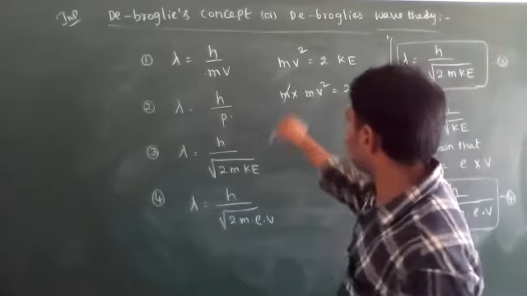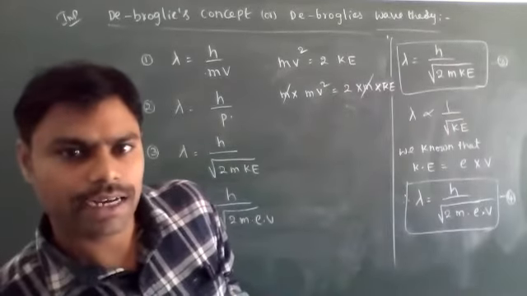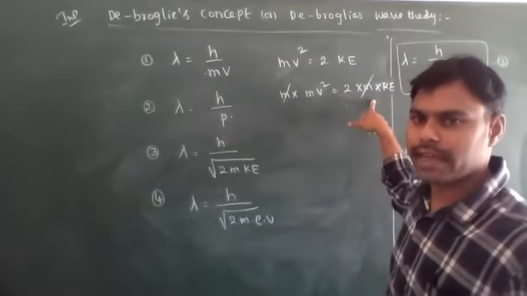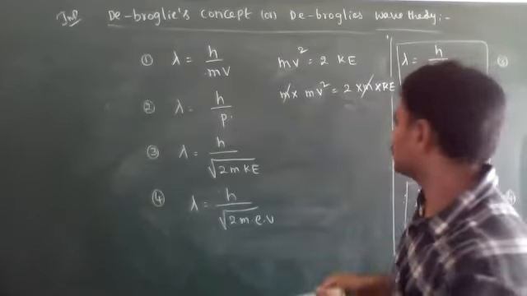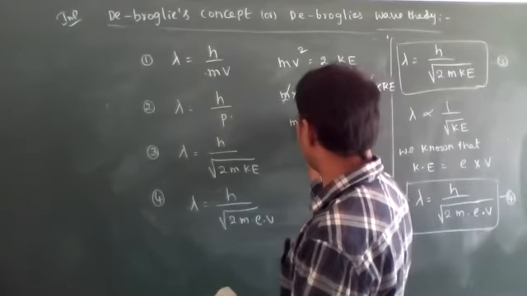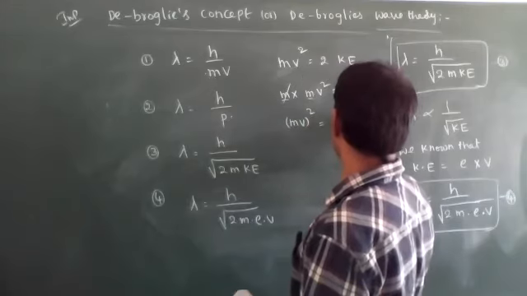See, this m and this m will cancel. So both sides I multiplied with m, left hand side and right hand side. Then the value will not change. That's why for our simplification, m square into v square, which is mv whole square, is nothing but 2m ke.